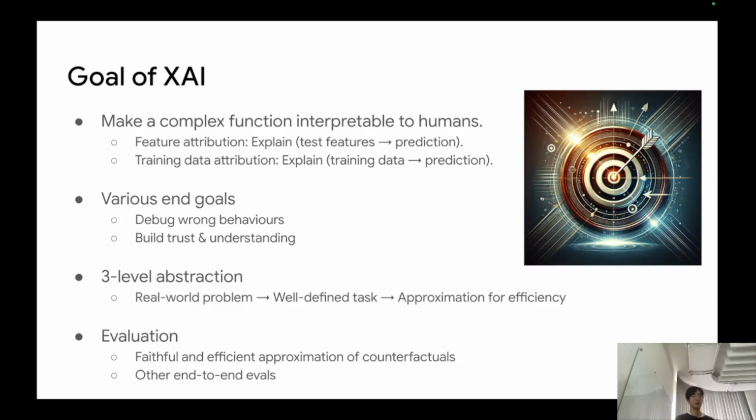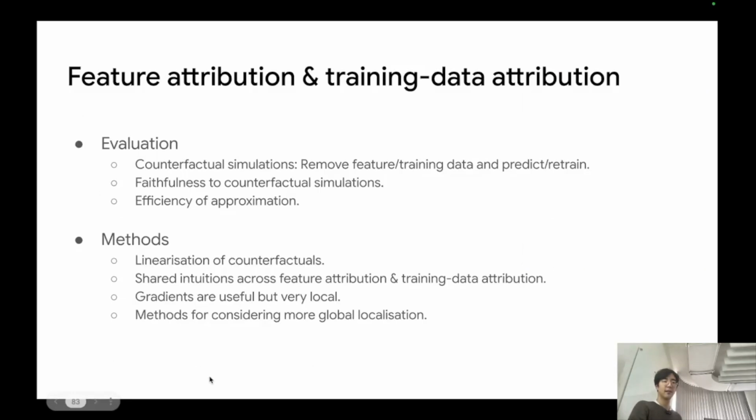But here, people have different end goals like debugging or building trust. And there is always a three-level abstraction: real-world problem, well-defined task, and an approximation of this task. And evaluation is one, faithfulness of this approximation, and two, efficiency. And maybe there can be some end-to-end evaluations to make this more relevant in practice.